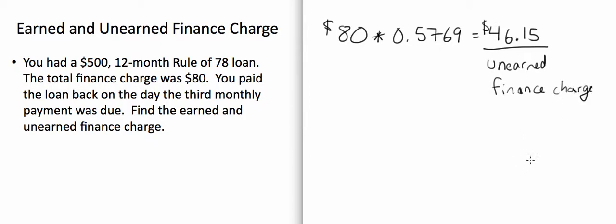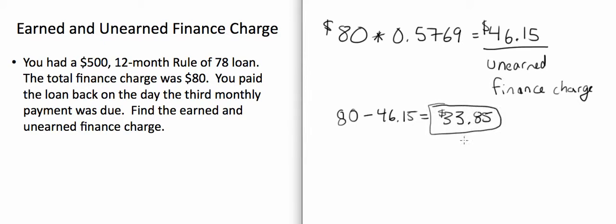So to figure out our earned value, we're going to take 80 minus this 46.15, and that gives us an answer of $33.85. And that, like we said, gives us our earned value. So that's the amount of finance charge that you had to pay.